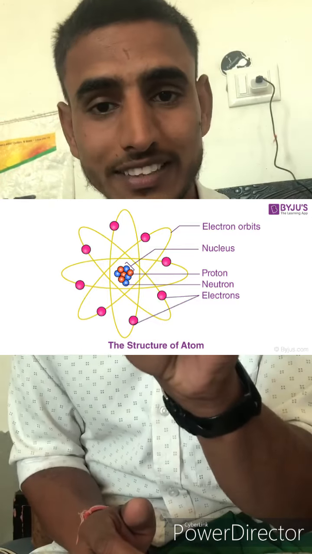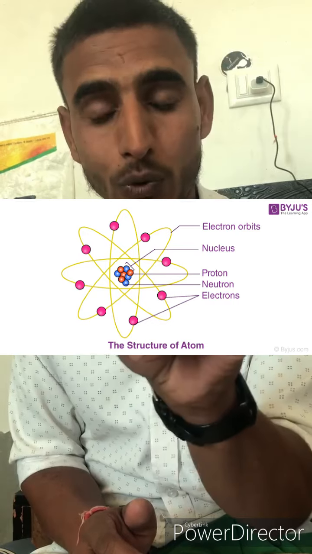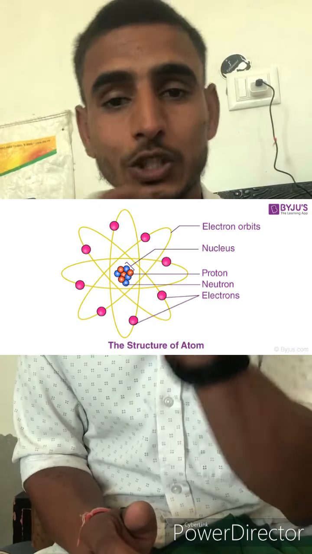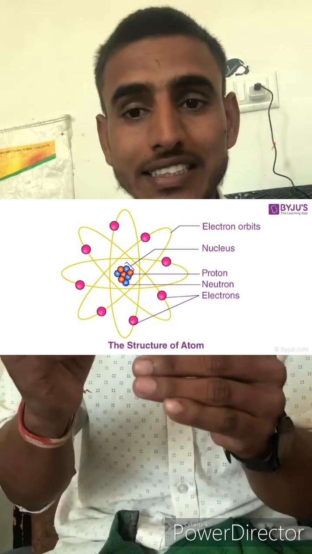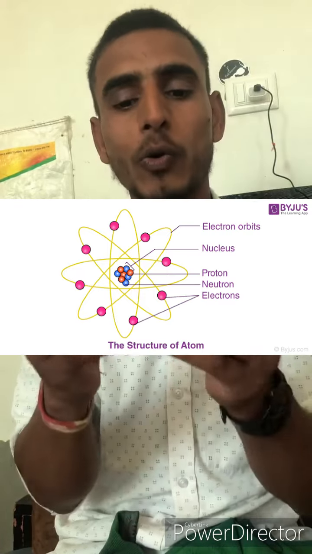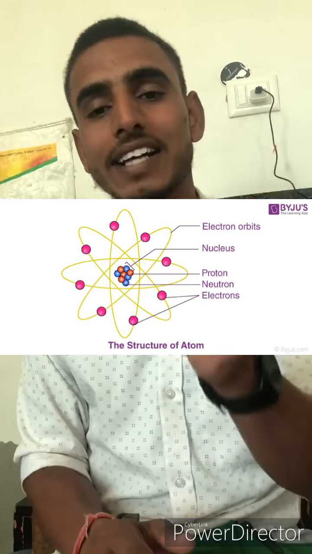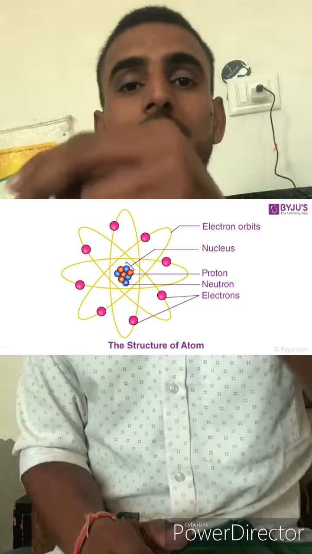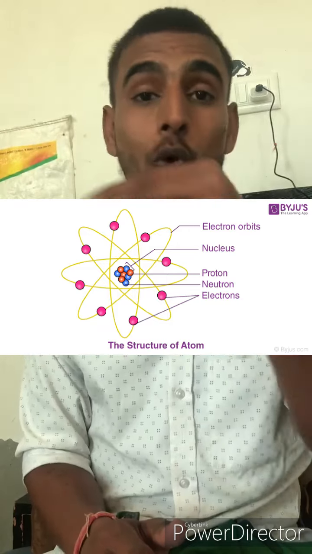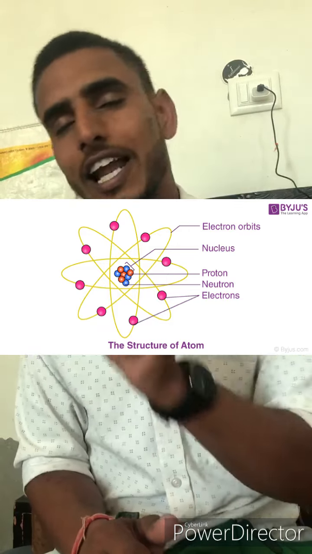The first one is red, which I have labeled proton, and the second is the nucleus. The nucleus is the combination of proton and neutron, and the pink spheres orbiting in a yellow orbit are called the electrons.